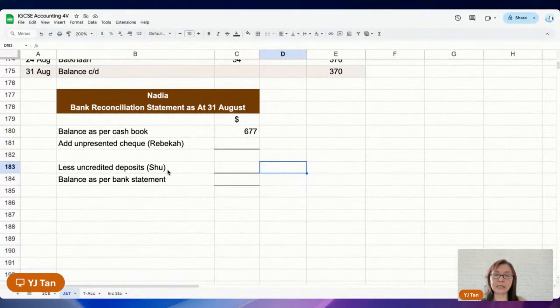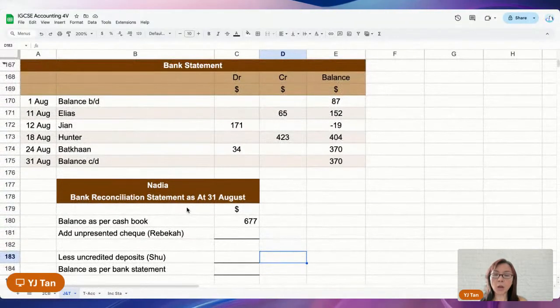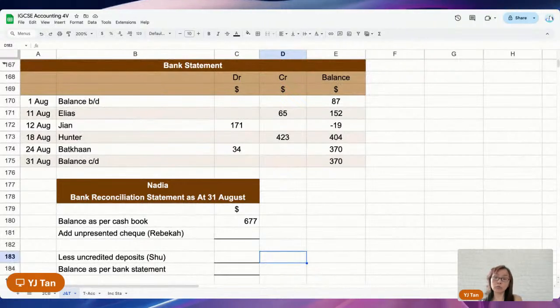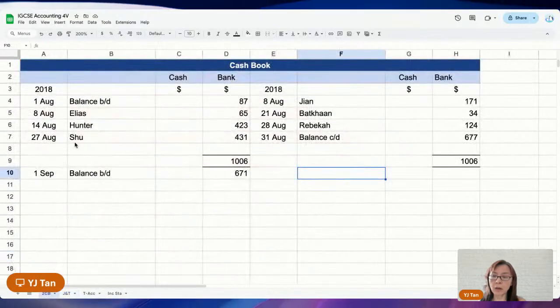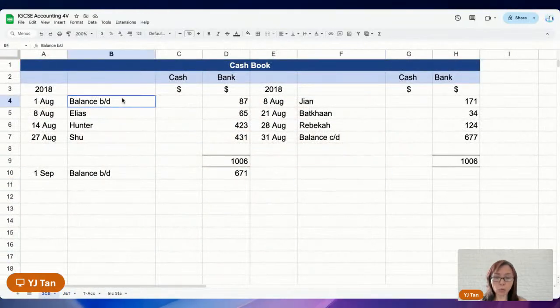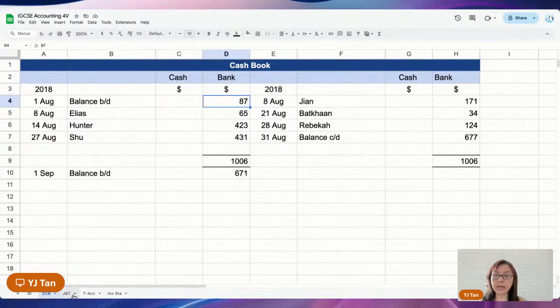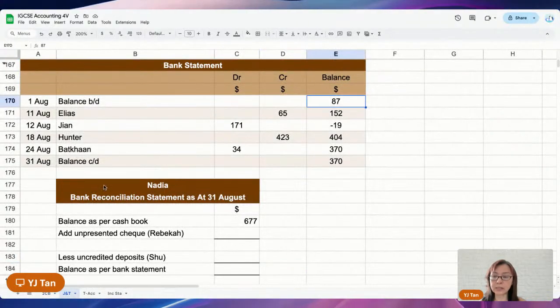So the question is like this. Step one, we need to do some understanding and comparison first so that you know how to start. In our cash book, the bank balance as per 1st of August is 87. Let us have a look whether it's the same. Yes, it's 87, so both are the same.